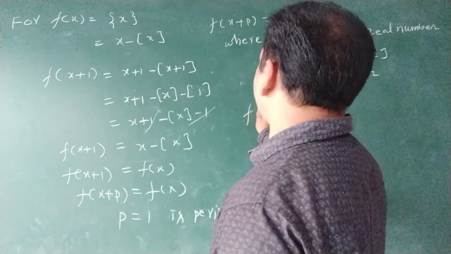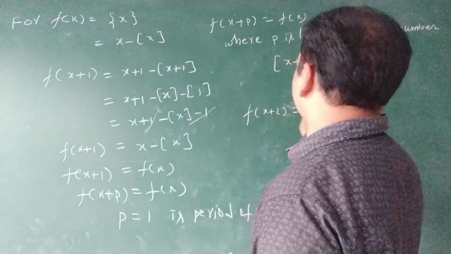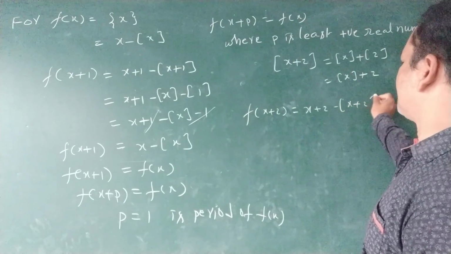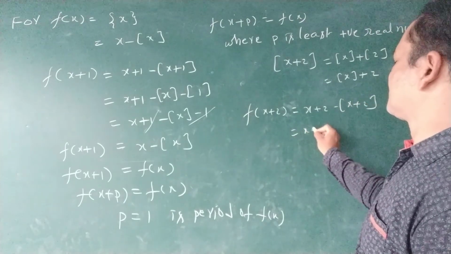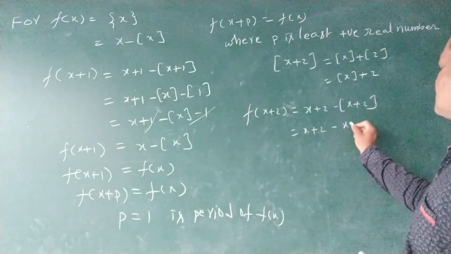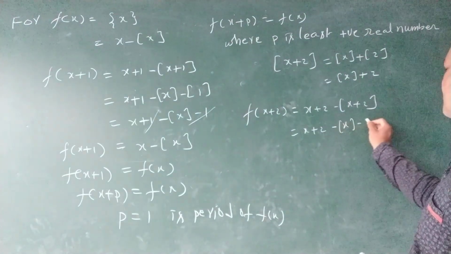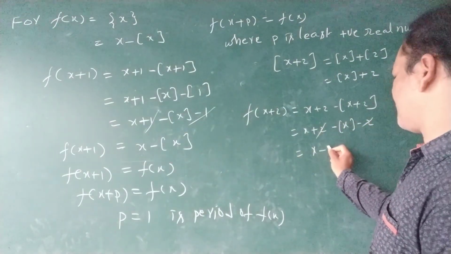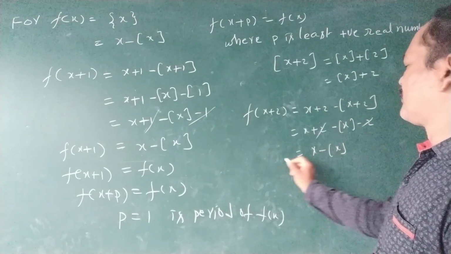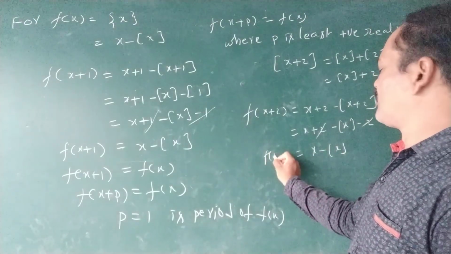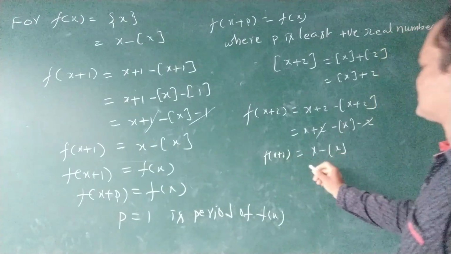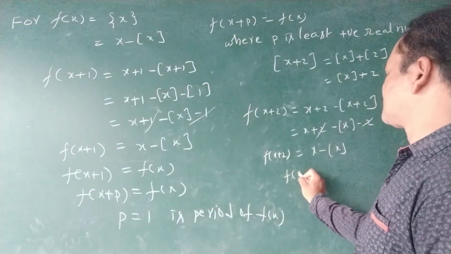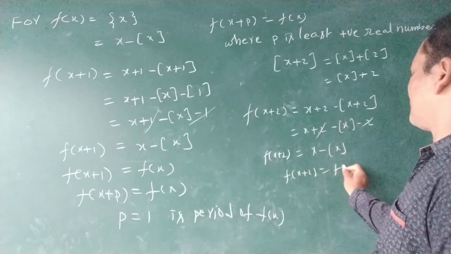F of x plus 2 is x plus 2 minus step of x plus 2, so it is x plus 2 minus step x minus 2. Here 2 gets cancelled. Again it gives x minus step of x. So f of x plus 2 is equal to f of x.